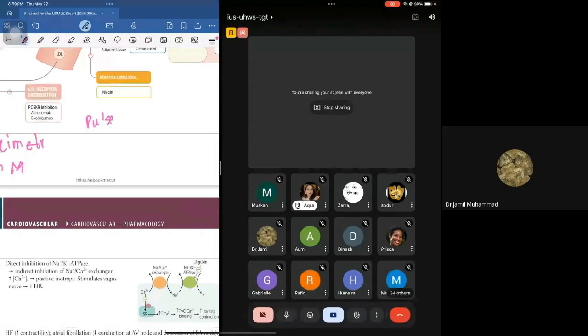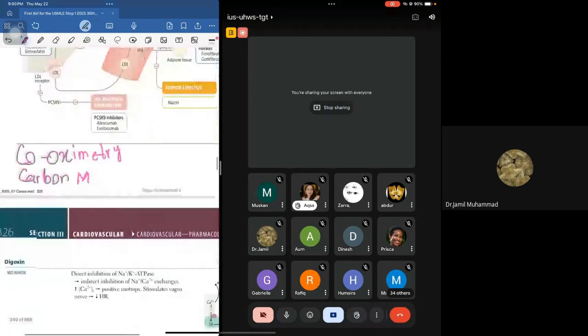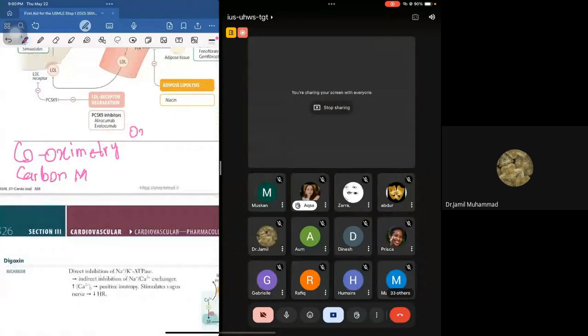So I was telling you that in carbon monoxide poisoning, the patient's hemoglobin is going to be bound with carbon monoxide, and the patient's pulse oximeter is going to be normal. Then what we do is change the pulse oximeter to co-oximetry. Co-oximetry is going to tell us oxygenated hemoglobin, not bound hemoglobin, right?